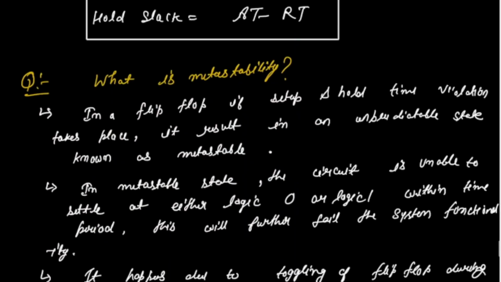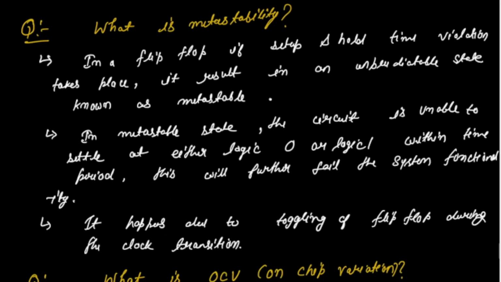Next question is, what is metastability? In a flip-flop, if a setup and hold timing violation takes place, it results in an unpredictable state known as the metastable state.